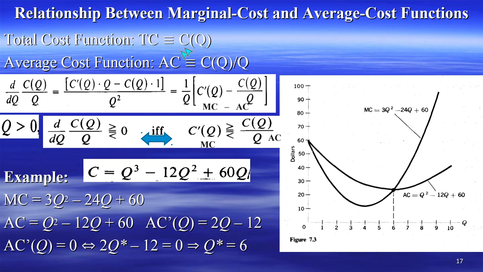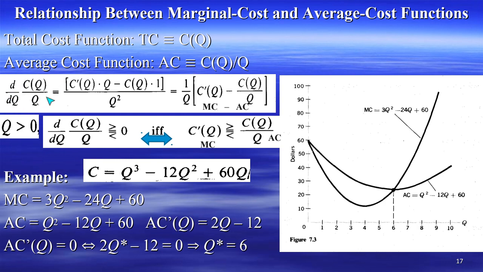The average cost function is when we divide the total cost by the quantity, which is the cost per item, per unit of Q. Average cost is C of Q over Q by definition. Those are definitions. The triple equal means definition or identity.